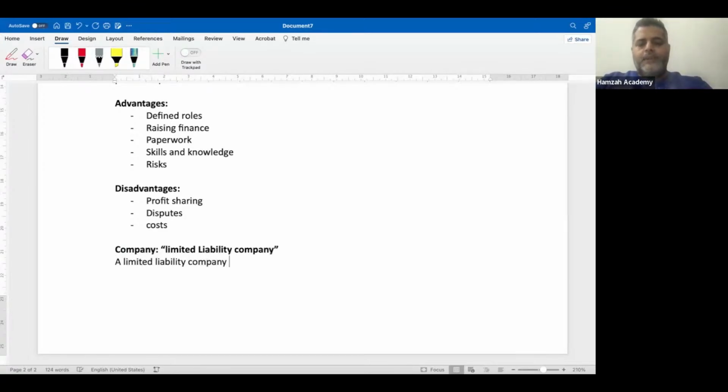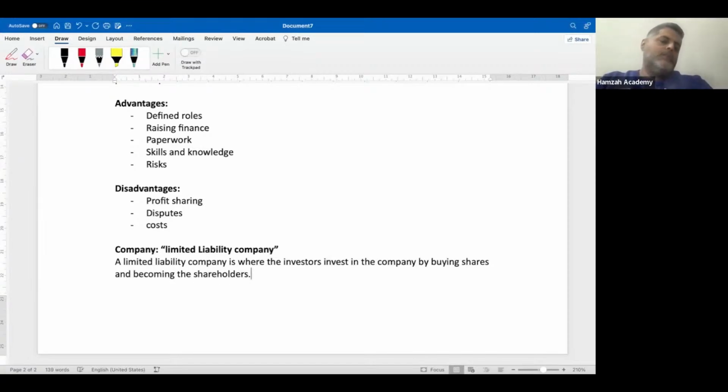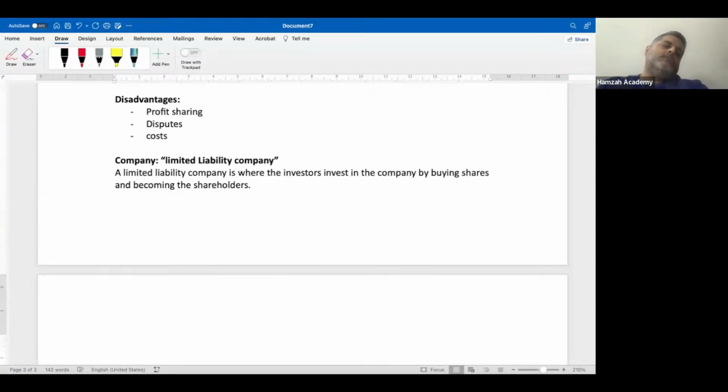A limited liability company is where the investors invest in the company by buying shares, and becoming the shareholders, right? So in companies, the investors are buying the shares and becoming the shareholders, right?